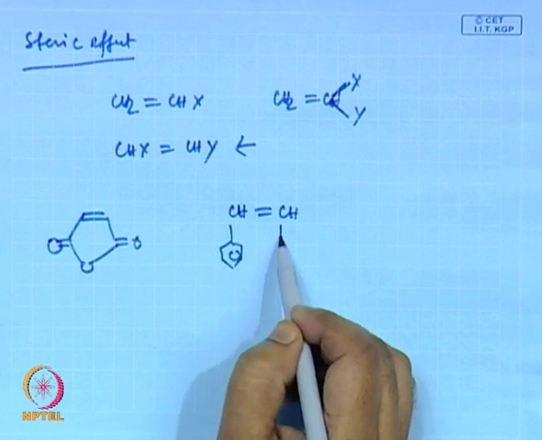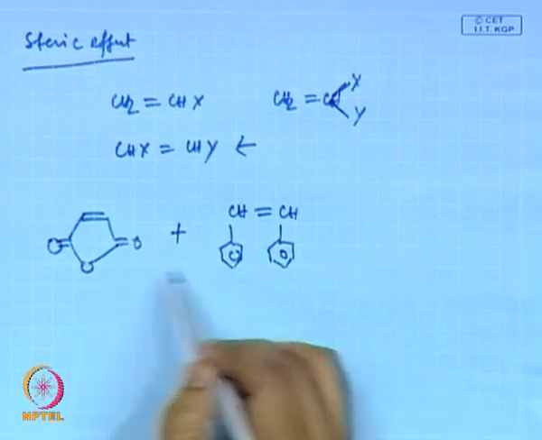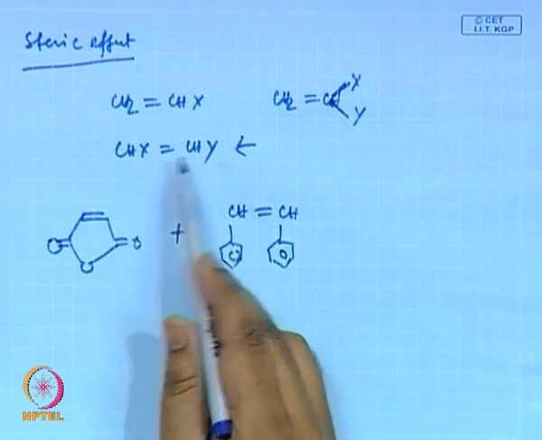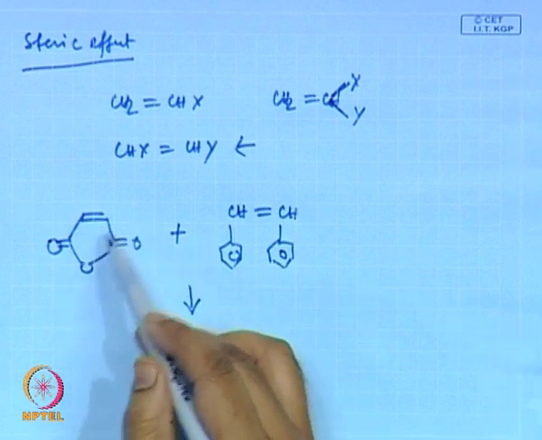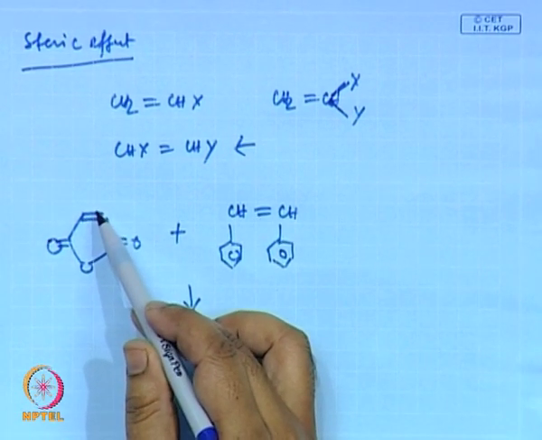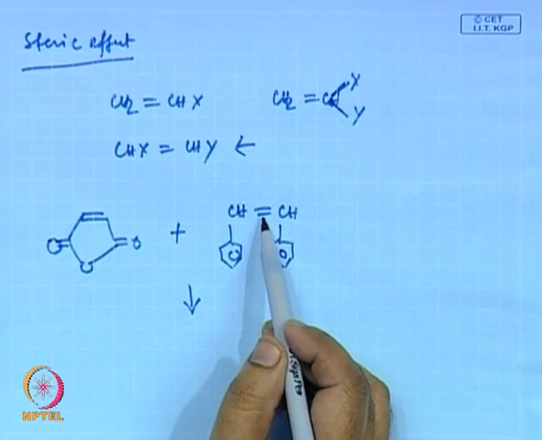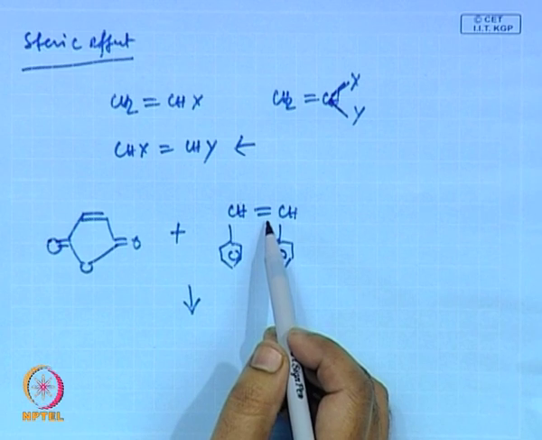Now, because of steric effect, these two individual monomers cannot homopolymerize because they are 1,2 substituted, and their steric hindrance is a problem, but their polarity is different. This one is highly electron deficient and this one is highly electron rich.